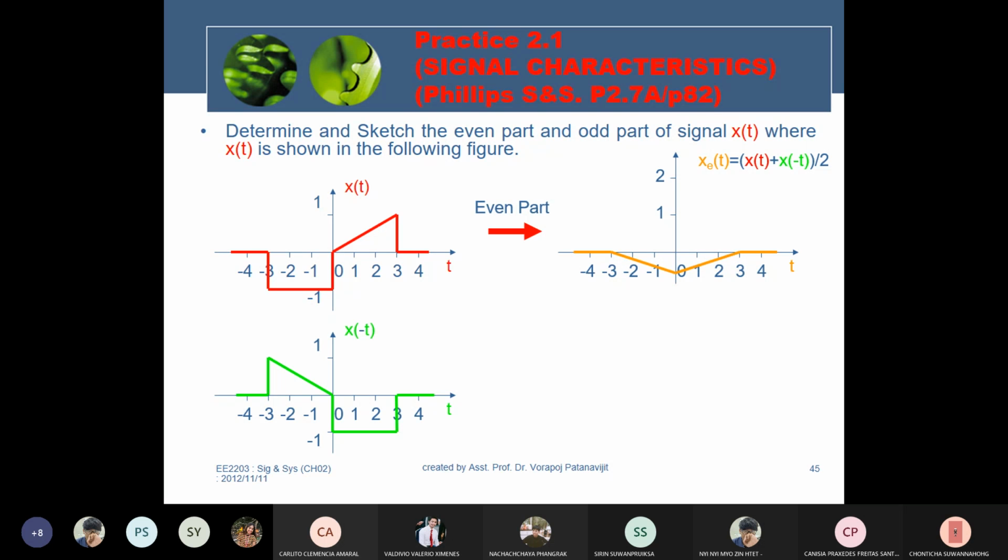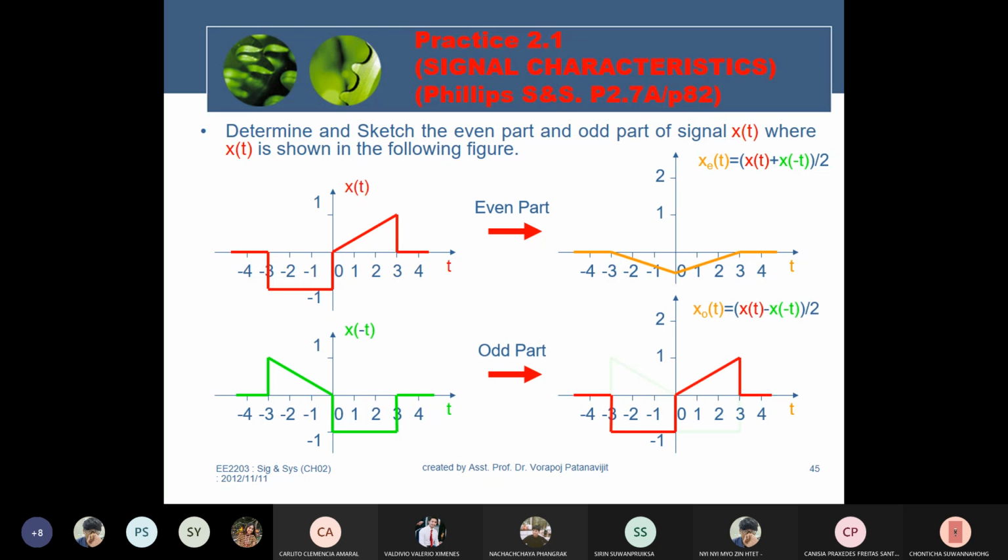This is for the even part, right? For the odd part it is the same. The odd part is here. Only one thing is different between the even and the odd: for the odd, you subtract. You use green and red as the reference. This is minus 1, right?